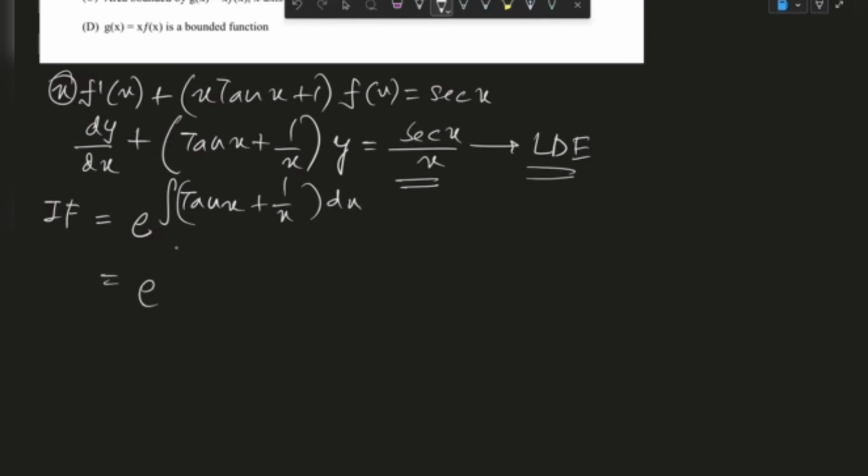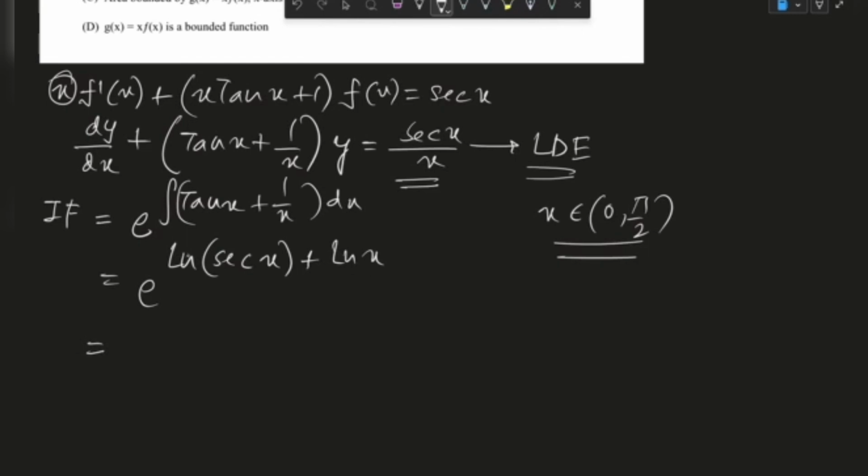This will come out to be e power, okay, this is not integral, this is ln. I'm not putting mod because x is positive, I guess. X is, I guess, bounded between 0 to pi by 2. I will write it down. This is 0 to pi by 2. So basically I'm not putting mod in ln mod sec, and this thing is plus ln x.